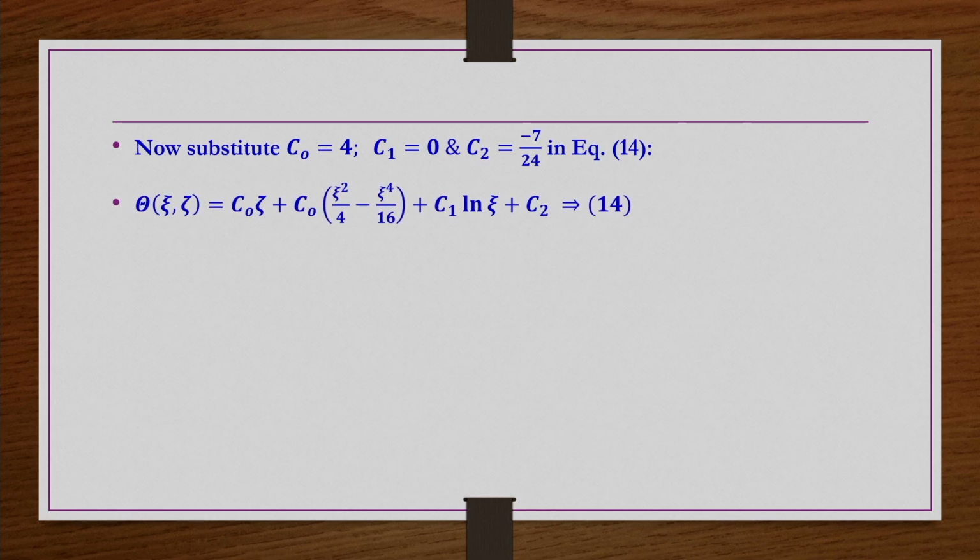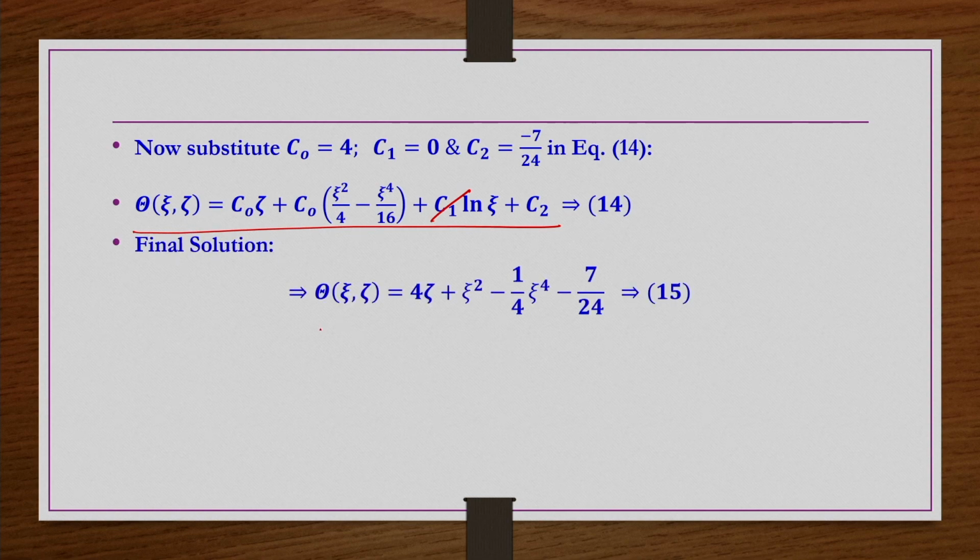So, then the final solution you got it, that is theta in this form. C naught you substitute 4, C1 is 0, so this term is anyway 0. After substituting, you get this final solution for theta, capital theta as a function of zeta and xi. But finally what do you need to have? You need to have temperature in dimensional form.